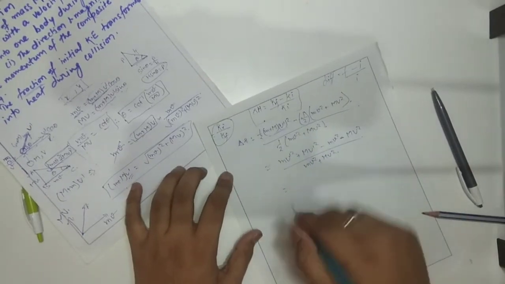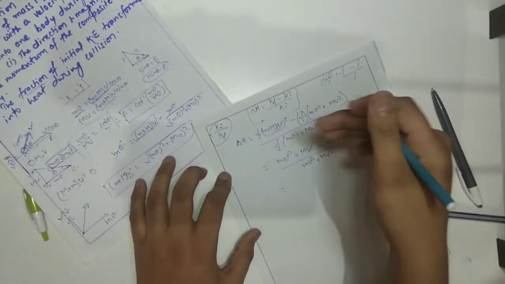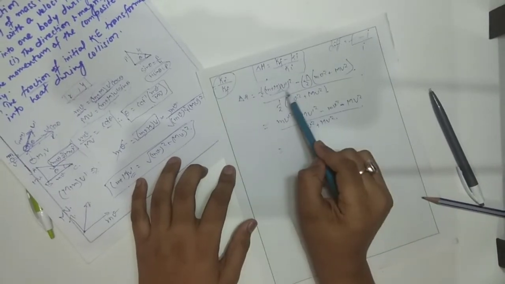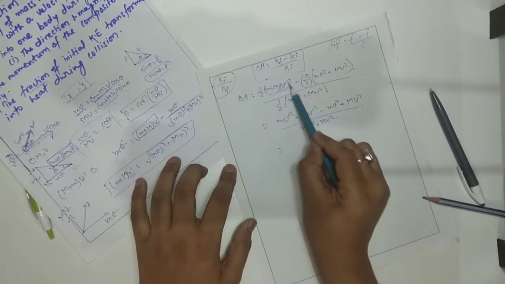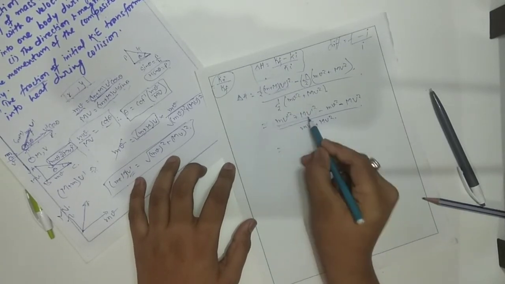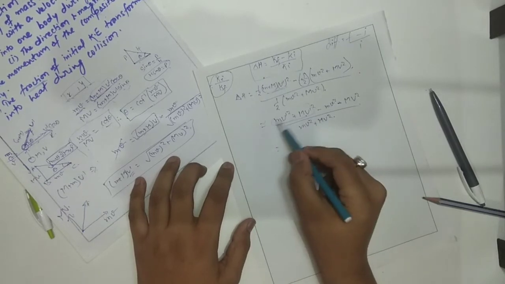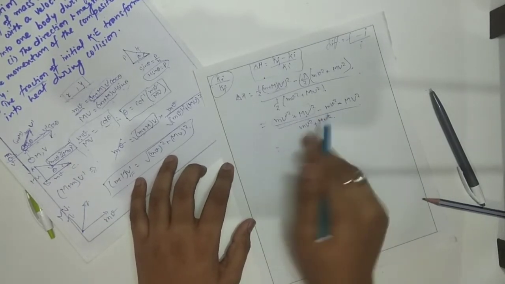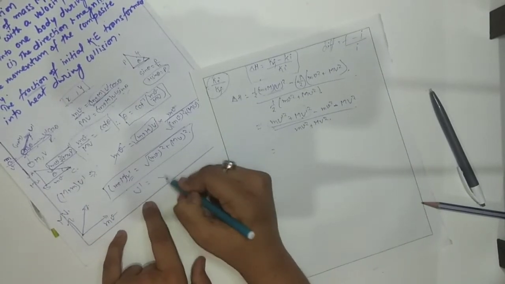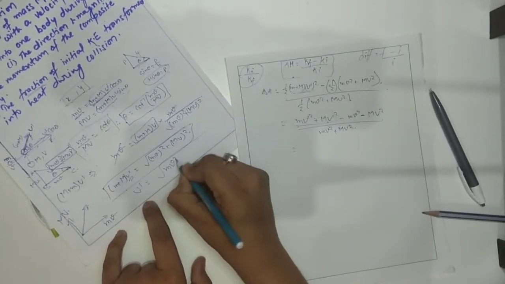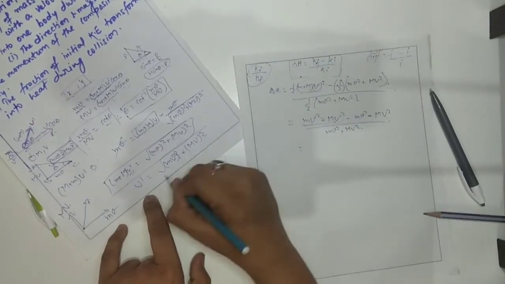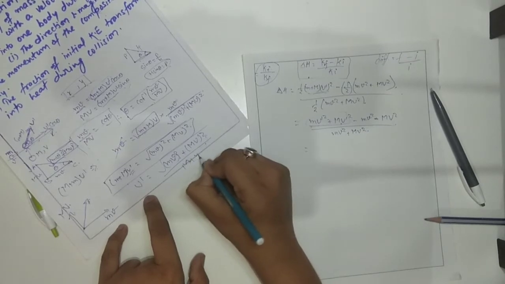In a calculation part or in an exam you need to solve the question as quickly as possible, so look forward to substituting values at the end of the question, so that you do not do this kind of thing. Because if I need to take out v dash again, the magnitude of v dash would come out to be the root of (mv) square plus (MV) square, whole upon capital M plus small m.